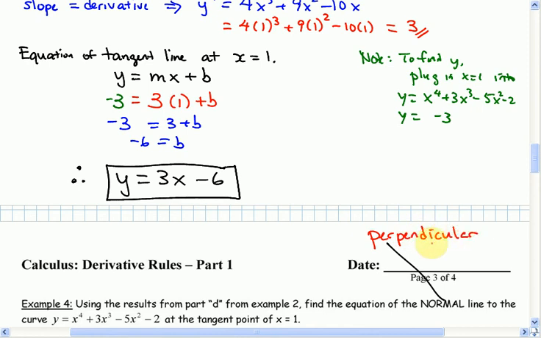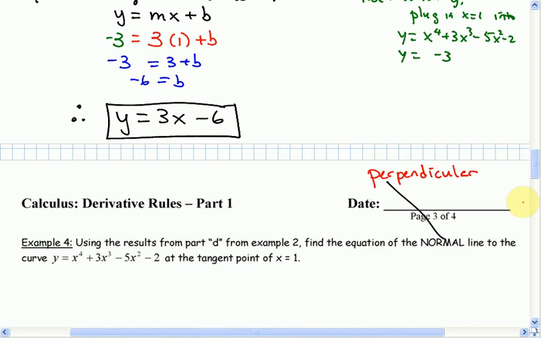Okay. So, turn to page 3. It says, using the results from part D from example number 2, now find the equation of the normal line, meaning find the equation of the perpendicular line. Now, let's go back to good old times in grade 10. How do we find the slope of a perpendicular line? Negative reciprocal, right. See, all that grade 10 stuff coming back.